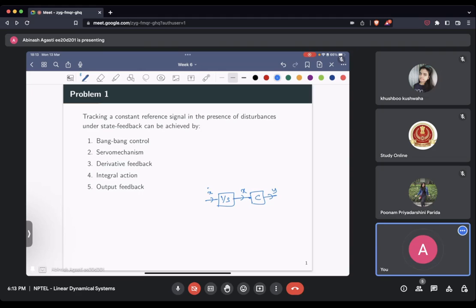Now, to complete this loop, we send in a feedback A, and there is a summer here. So if there is no input, then x dot is simply equal to Ax, and this becomes an autonomous system.